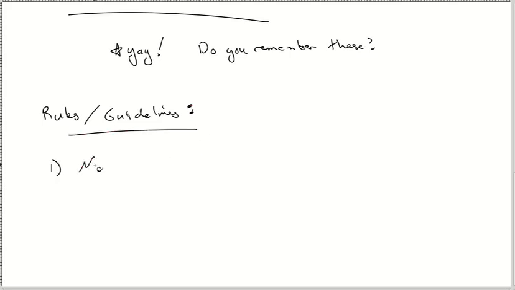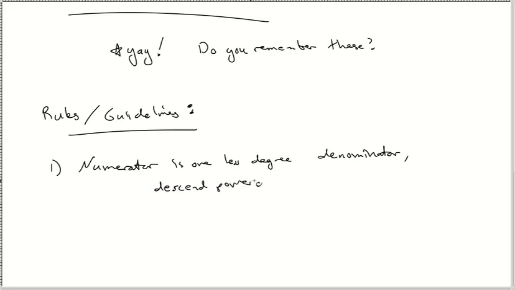Number one, the numerator is one degree less than the denominator. I'll explain all this in a second. Descend the powers. What does that mean?